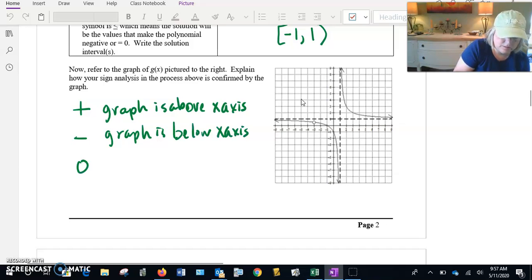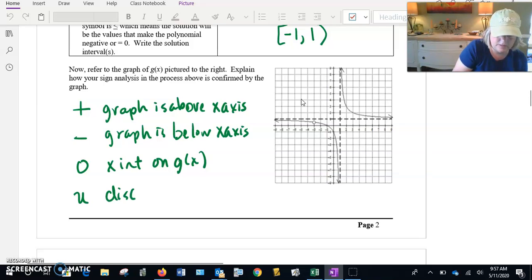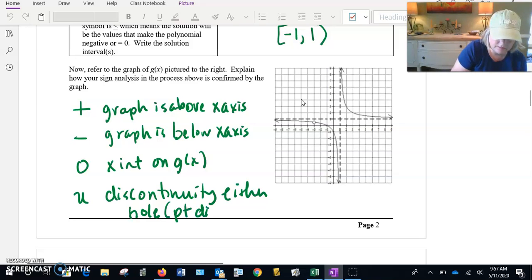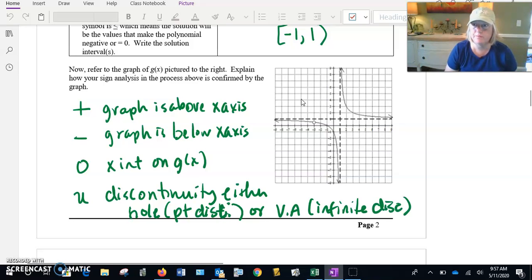A 0 is an x-intercept on g of x. And if it is undefined, it has a discontinuity, either a hole, which is a point discontinuity, or a vertical asymptote, which is an infinite discontinuity on the graph.